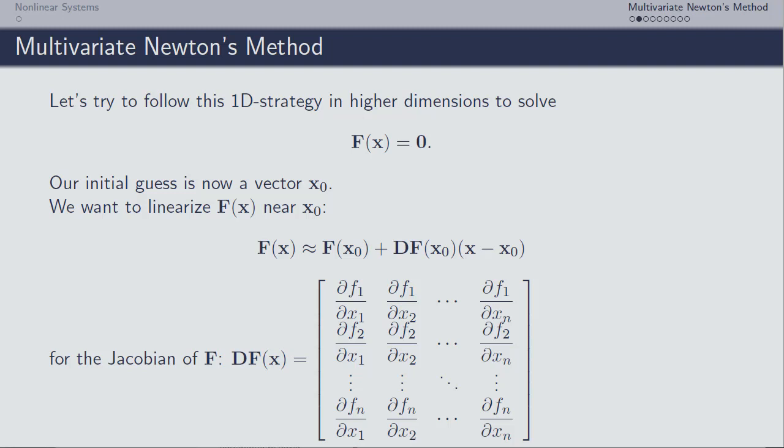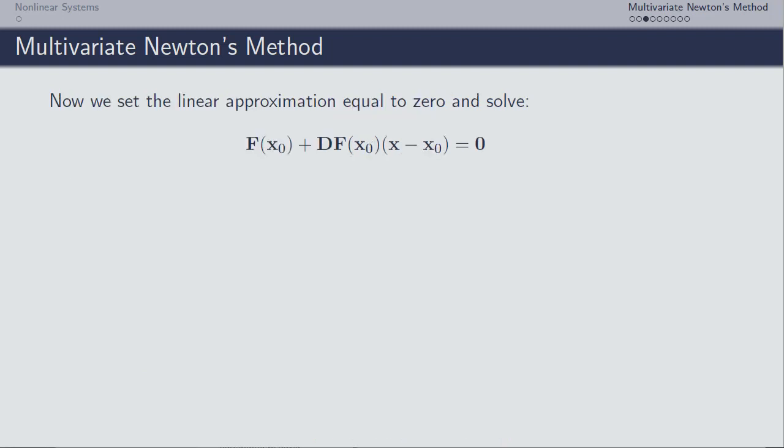Then the second row does the same thing to the second function in f. And then down to the last row where we have the last function, the partial with respect to x1, then the partial with respect to x2, and so forth.